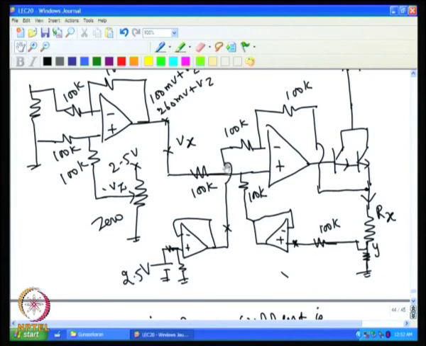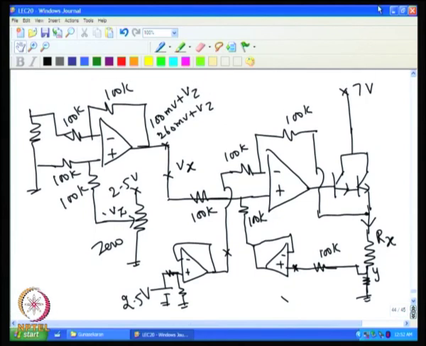So, by adding additional voltage at this point, we can take care of this extra 100 millivolt or this Vz, because most of the op amps may not go down to 100 millivolt. So, it is essential to add this Vz at this point, so that the minimum voltage requirement is taken care of. This arrangement works all right.